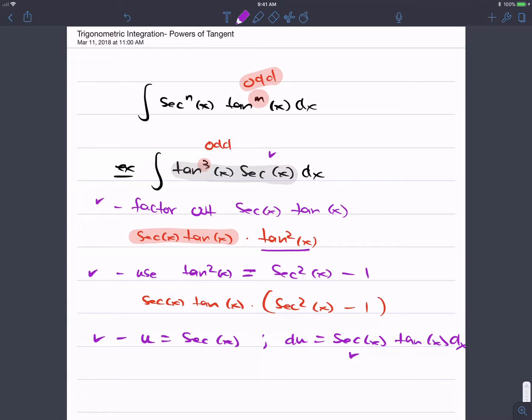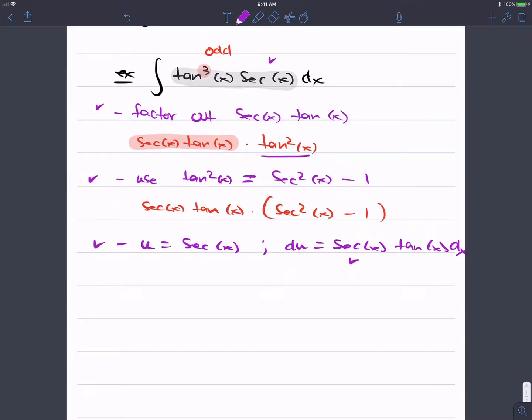So now let's do the u sub. Now remember where we're at. We're right here. We have secant tangent. This is now going to be u squared minus 1, and I'm supposed to integrate with respect to dx.